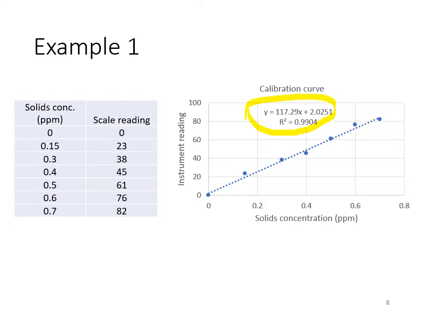And we see we have a very nice R squared. The closer that is to 1, the better fit. Perfect fit would be 1. Rarely will you ever see it. And our slope in this case is 117.29, and the y-intercept is 2.025.